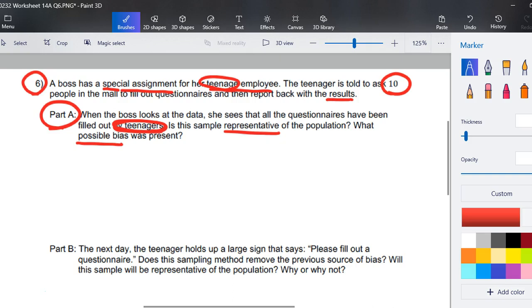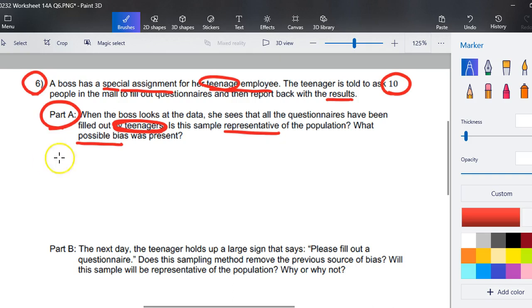So the answer could be that no, it is not a representative sample of the population. There are a whole lot more age groups that are not reached by this questionnaire. And the possible reason is that the employee may have felt more comfortable talking to people their own age.